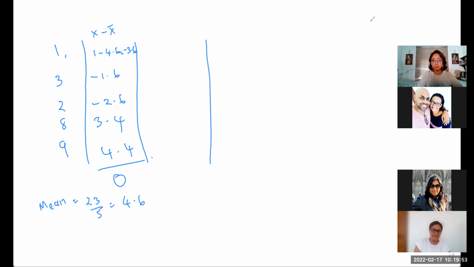Yeah, it's correct. Right? So I hope all of you figured this one out. Our next step is calculating this x minus x bar squared.